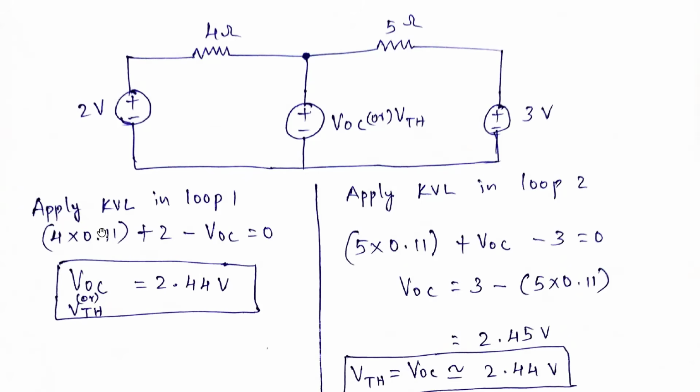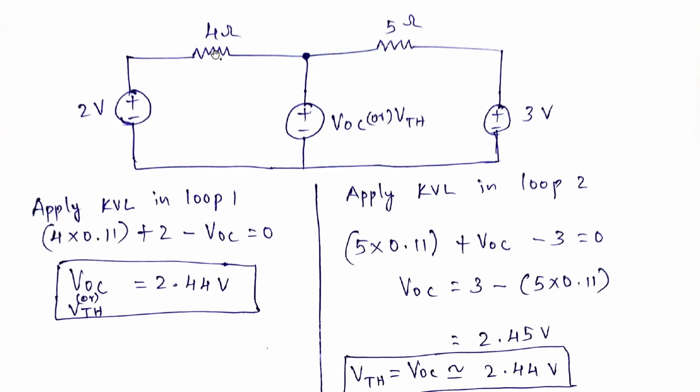The current we calculated is 0.11, but it is negative, so it is flowing the reverse way. So 4 into 0.11.